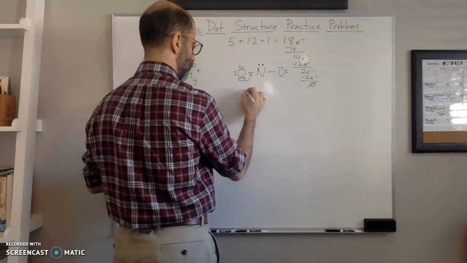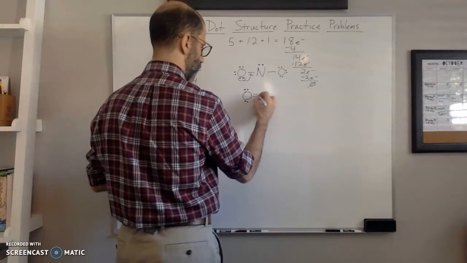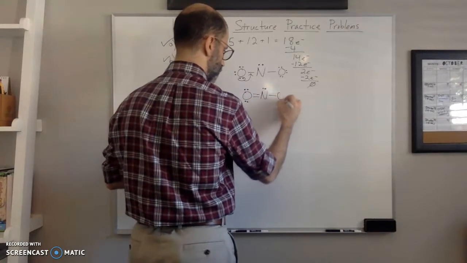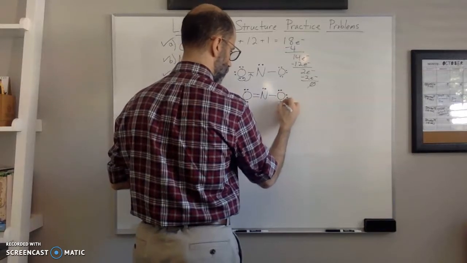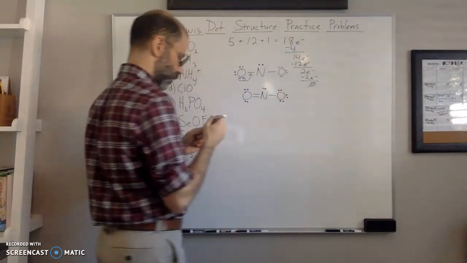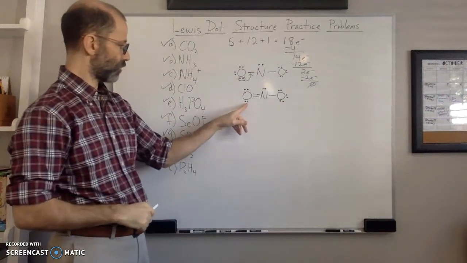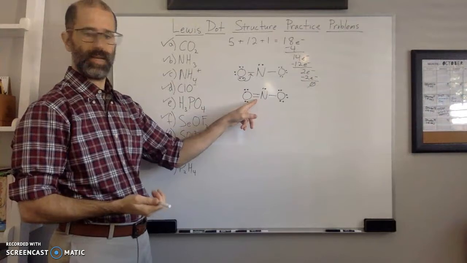So then I'll have 2 lone pairs left over. I'll have a double bond, nitrogen with its lone pair, and then I'll have 3 lone pairs here. So now my oxygen here has 2 lone pairs, 2 bonds, so it still has an octet.